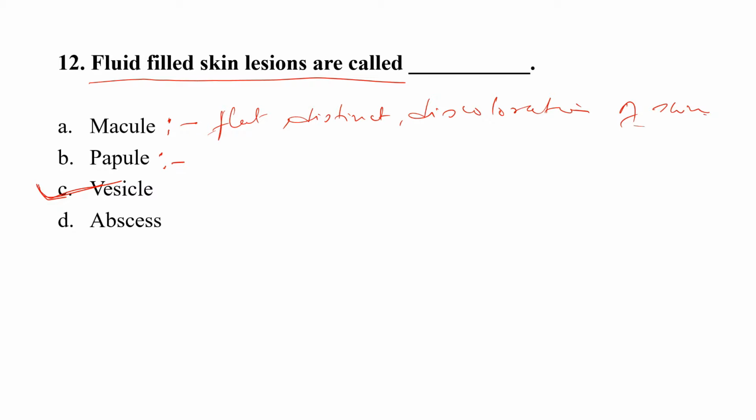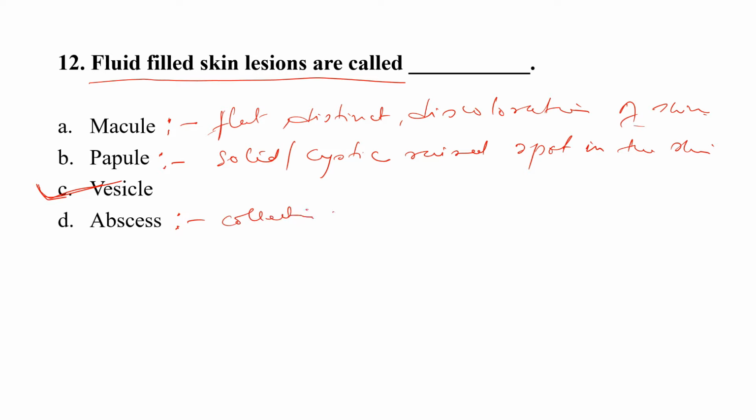Papules are solid or cystic raised spots in the skin. And abscess is a collection of pus either in the tissue, organs, or any confined spaces of the body.